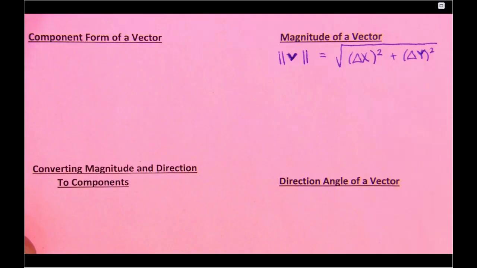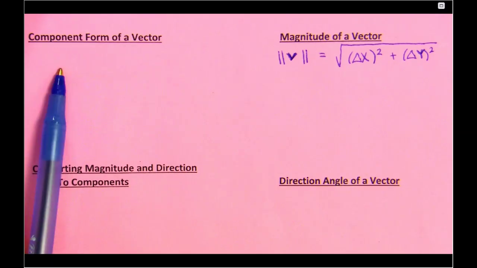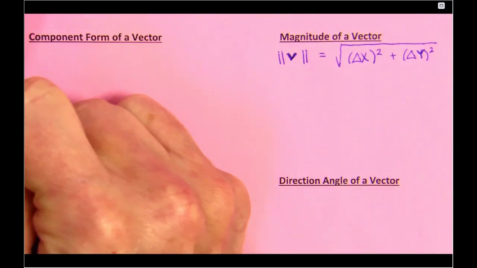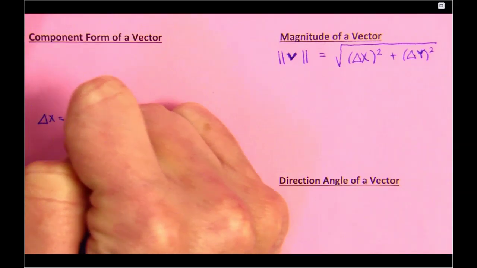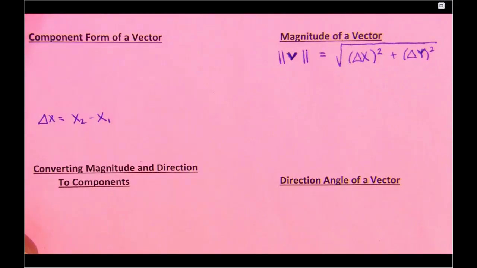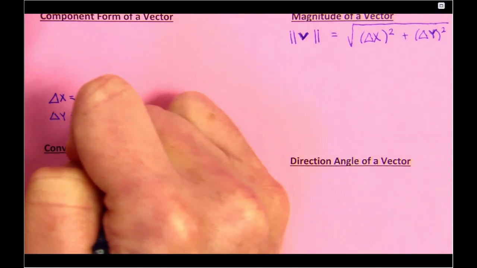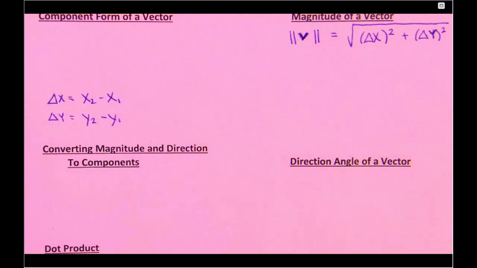So this also relates over here to the component form of a vector, which we'll talk about in a minute. So we're going to put delta x is equal to x2 minus x1, and delta y is y2 minus y1. So it's slope related, right?